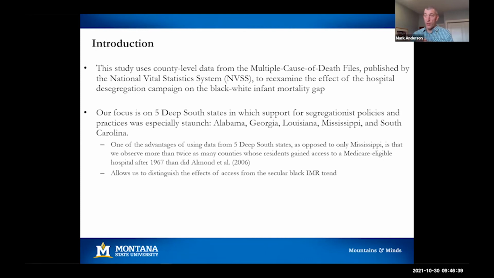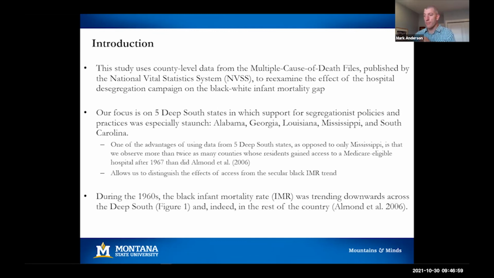One of the advantages of using data from these 5 states in the Deep South, as opposed to just Mississippi, is that we observe more than double the Medicare county-level variation than did previous authors. And it certainly allows us to distinguish the effects of access from the secular Black infant mortality rate trend.